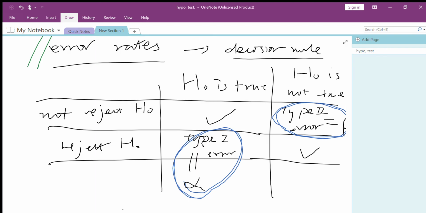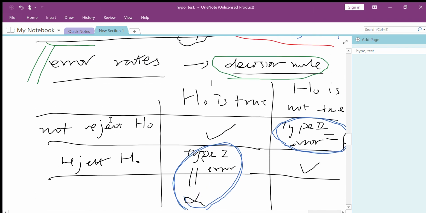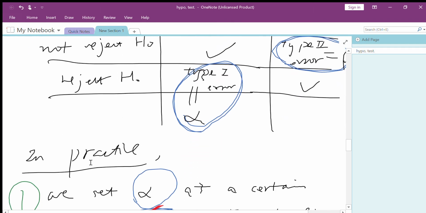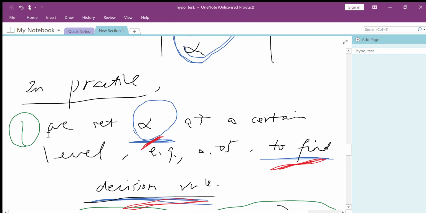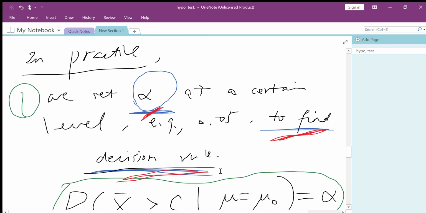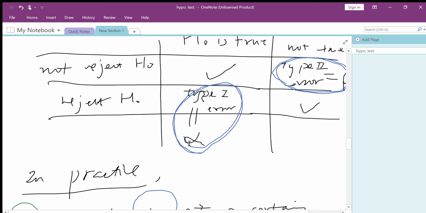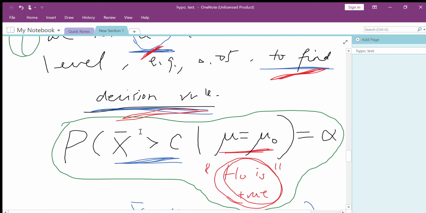To go to the decision rule, we have to introduce error rates. With the help of the table, you can memorize the 2 error rates, type 1 error and type 2 error. In practice, in our course, we just set alpha at a certain level, for example 0.05, and we can find the decision rule. So what's the usage of beta? We will talk about it later.